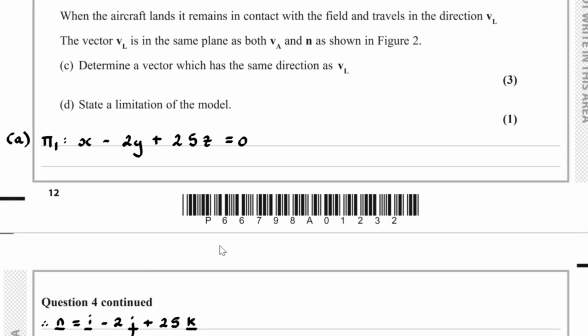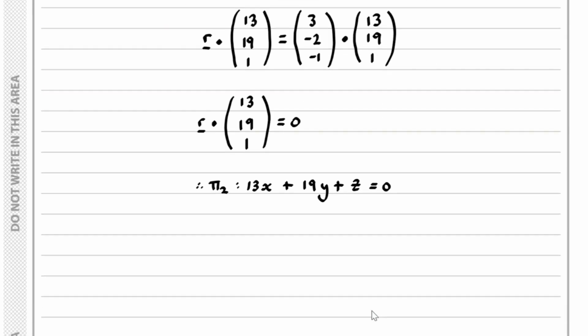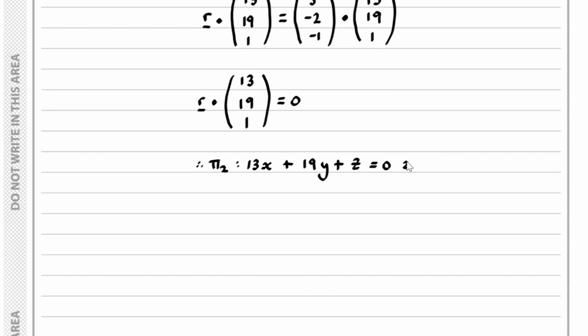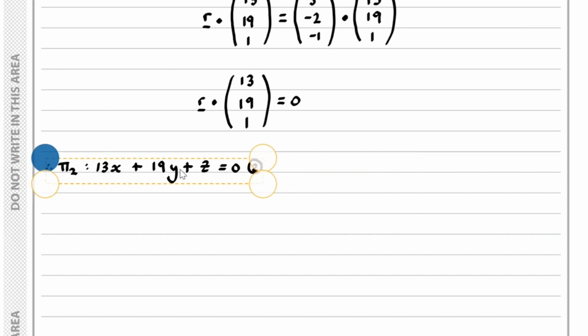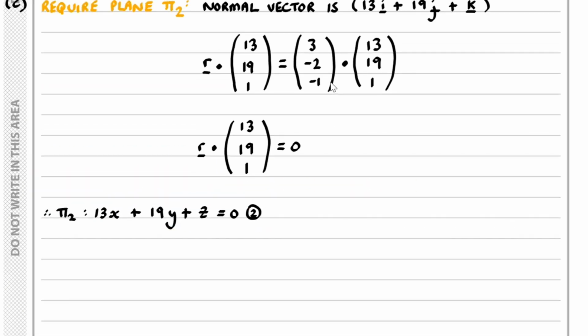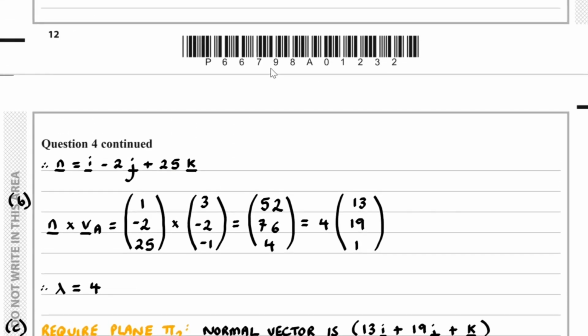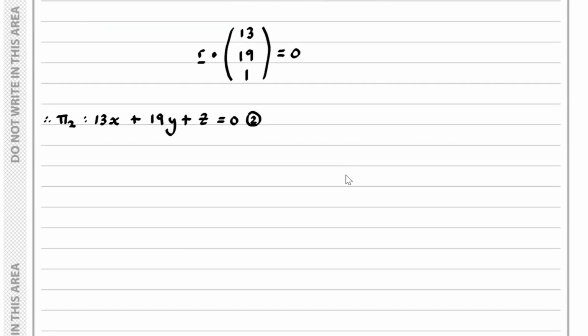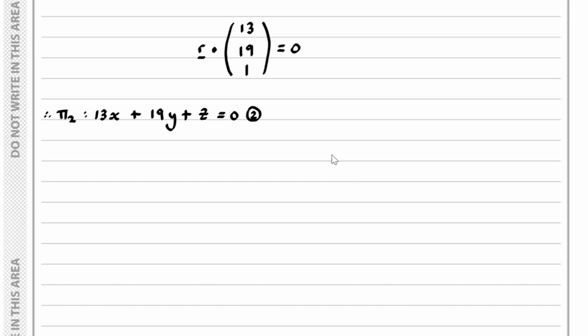Now, if I call this equation 1, and I call this equation 2, we need to solve equations 1 and 2 simultaneously. We've got 3 variables but only 2 equations, so we can let one of the variables equal some constant.